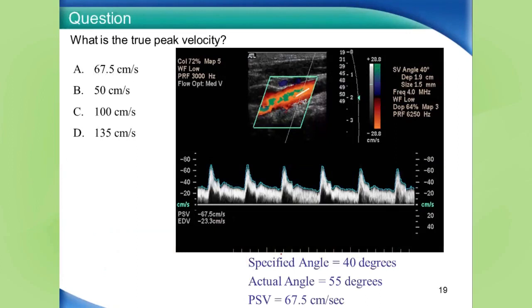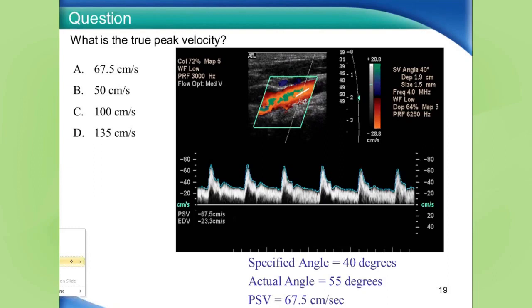Okay? So if we look at this, I'm now going to ask a slightly different question. Let's change ink colors here so it'll show up better. If I extend this flow indicator, you can see that it is not aligned to flow, and that the angle specified is incorrect.